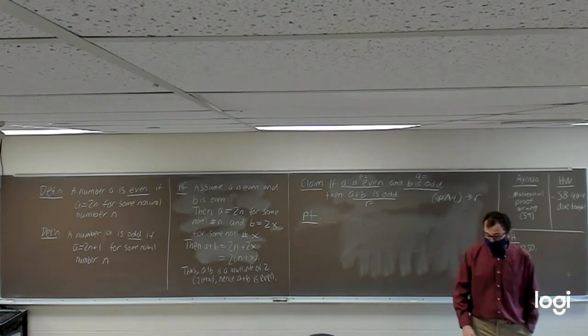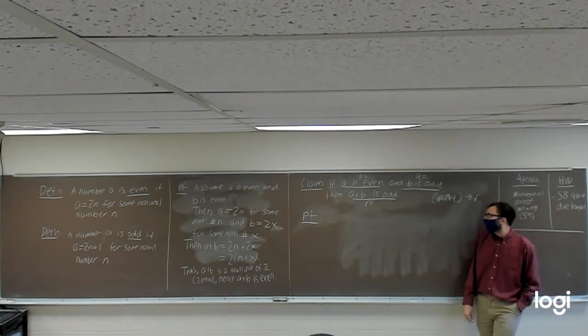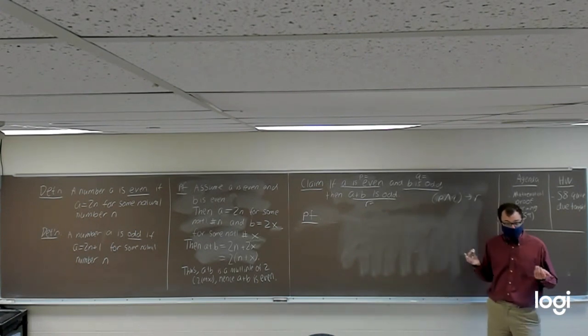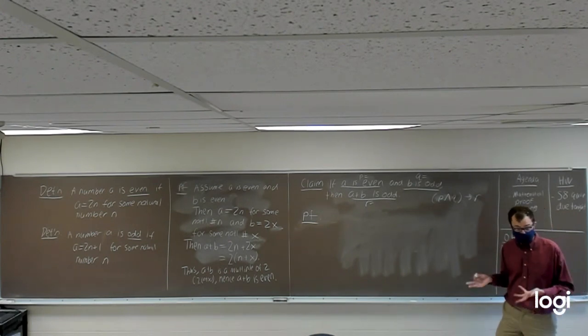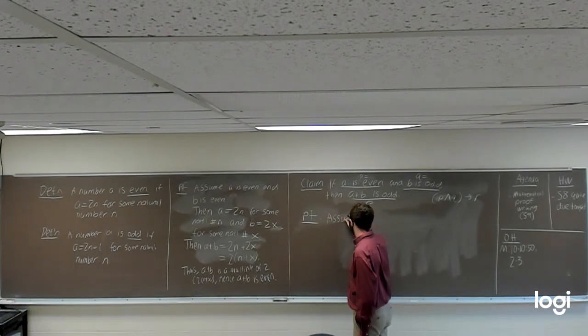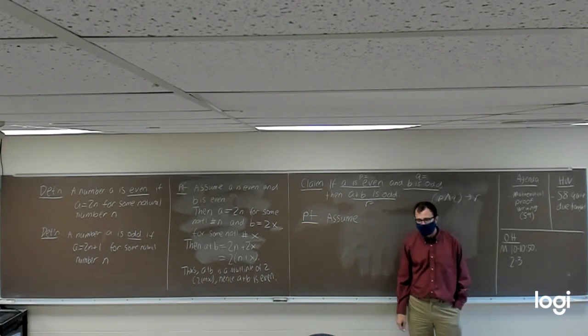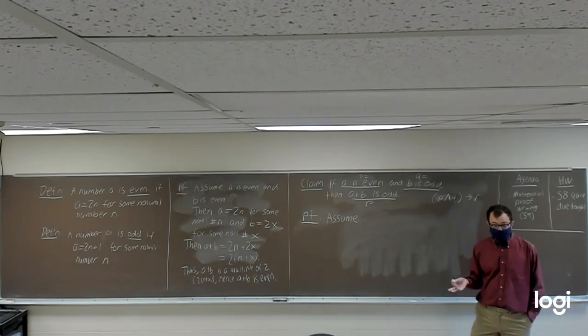So let's start off in the same way. Our first line, just like before, is we're going to assume that the statement P and Q evaluates to true. It's going to be our first line in the proof. So how can we write that out in words if we want to start our proof off with the claim that P and Q evaluates to true?